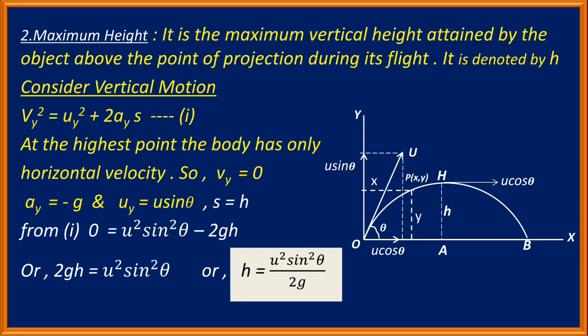Now acceleration ay equal to minus g because the body is going up against the gravity, and uy equal to u sin theta, s equal to h. From equation 1, 0, that is vy square, equal to u square sin square theta minus 2gh. From here we are getting h equal to u square sin square theta by 2g. This is the maximum height.